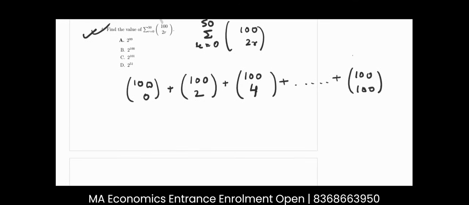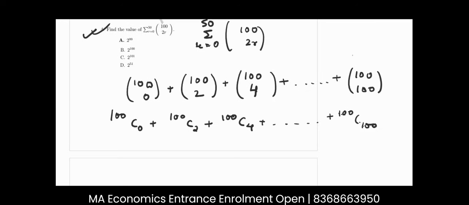So this is nothing but 100C0 plus 100C2 plus 100C4 and so on till 100C100. Now there are 3 properties of combination, permutation and combination that you have to remember.